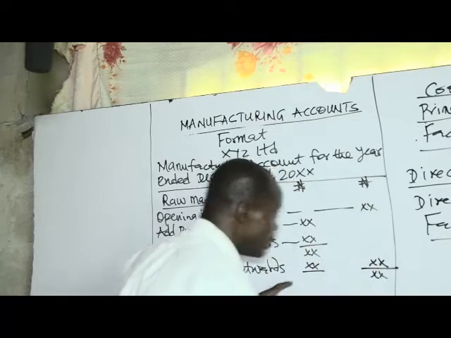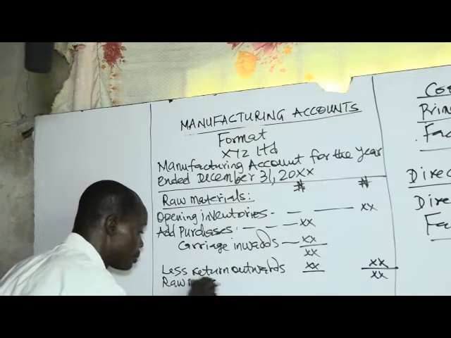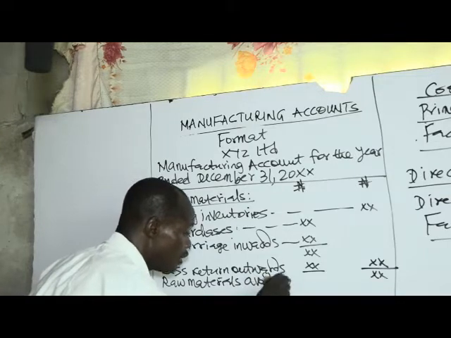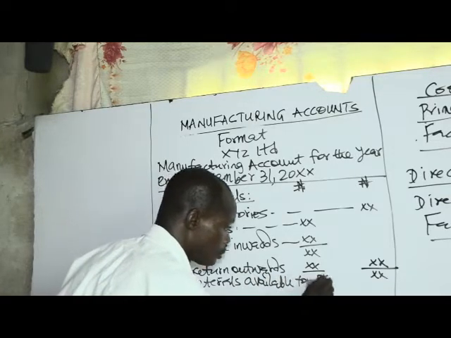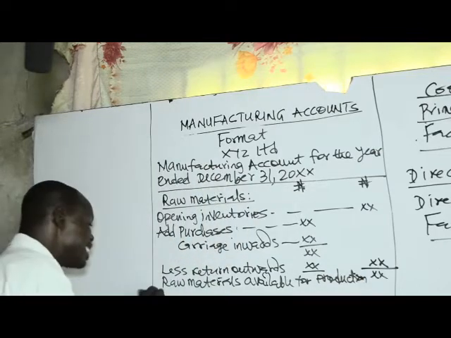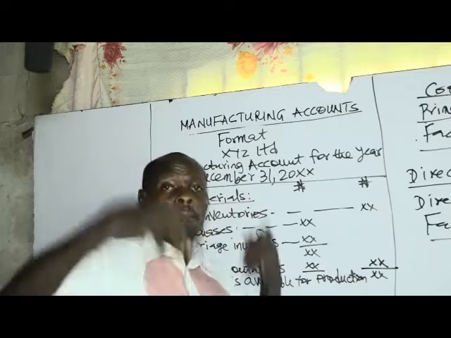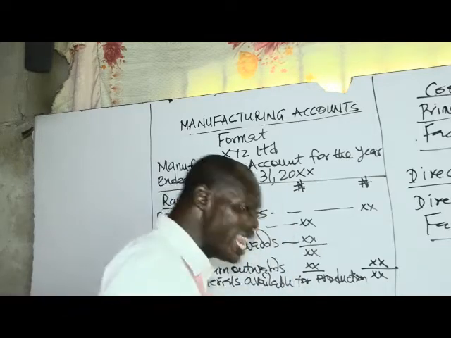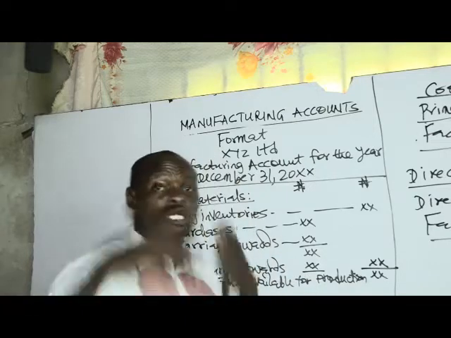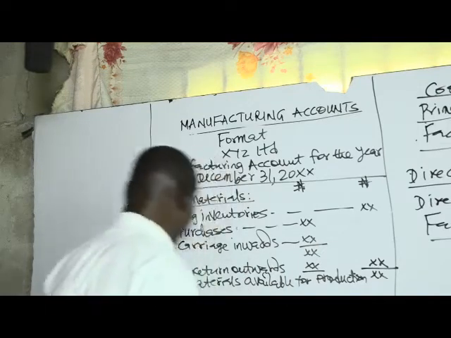So you have the raw materials available for production. Then from this, you now deduct the inventory in hand as at the end of the period.